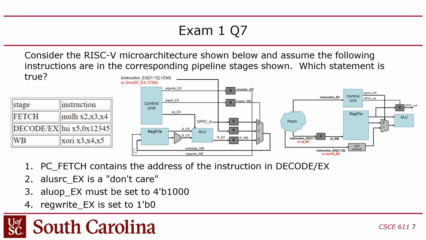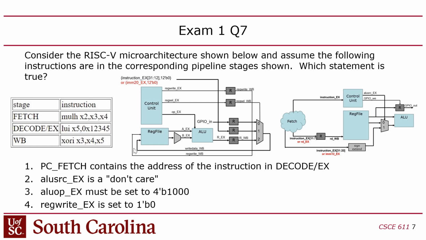ALU source EX is going to be driven by the LUI, and the LUI instruction is not doing anything with the ALU, right? LUI doesn't use the ALU, so the ALU op is a don't care. Also, ALU source is a don't care. Option 2 is referring to ALU source, but they're both don't cares, right?